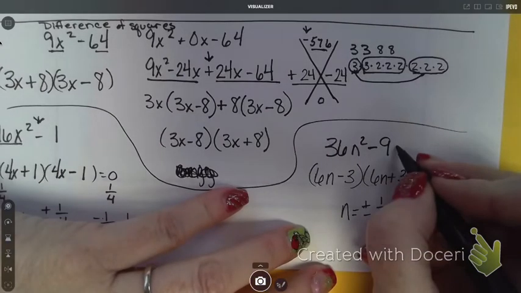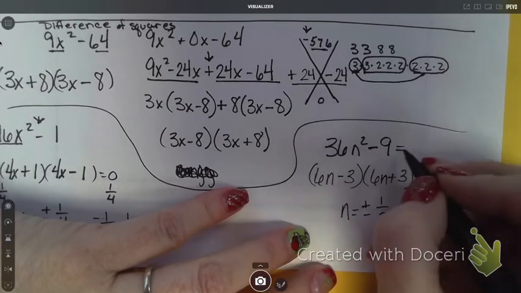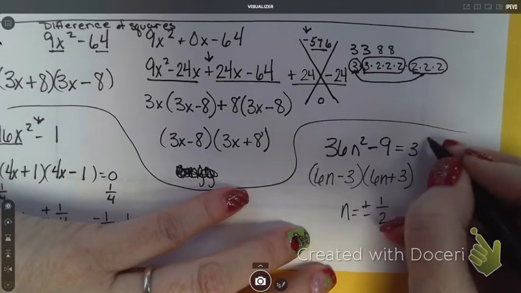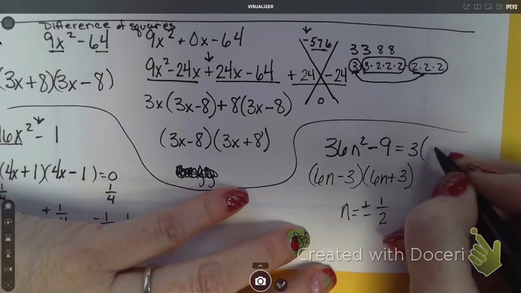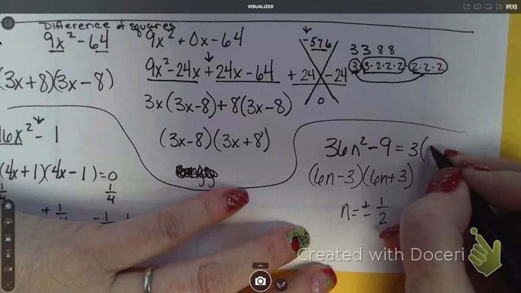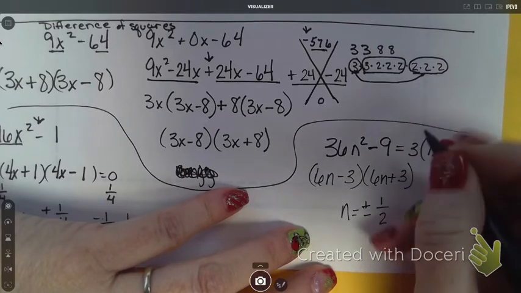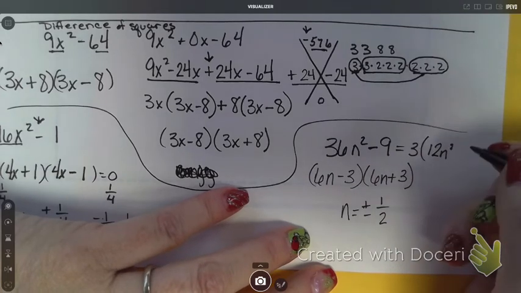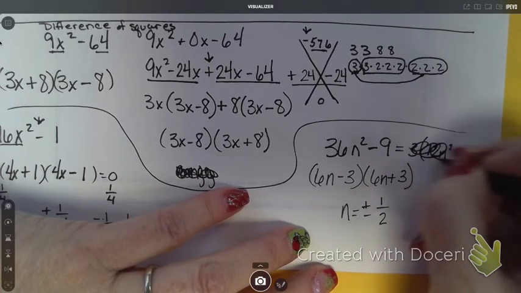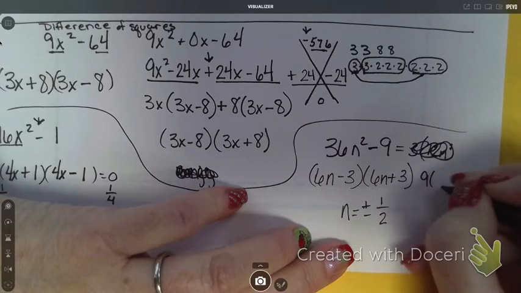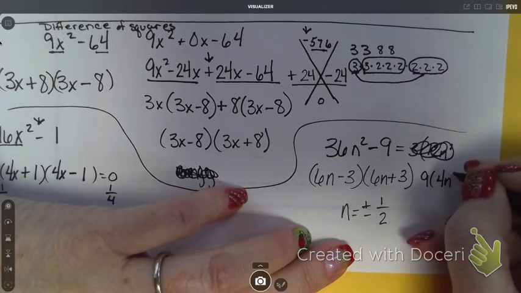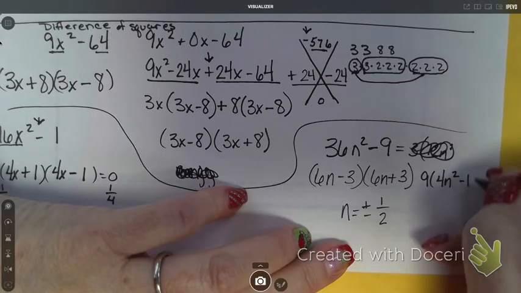Could I also, guys, have factored out a 3 here? Actually, how about a 9, not a 3? If I factored out a 9, would I not have had 4n squared minus 1?